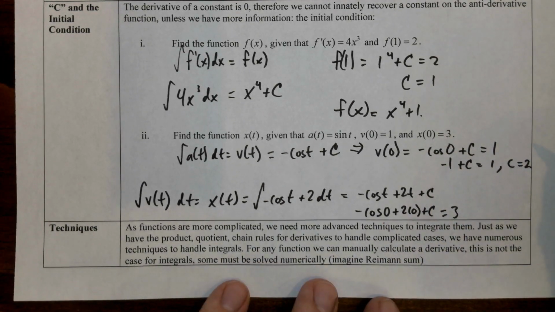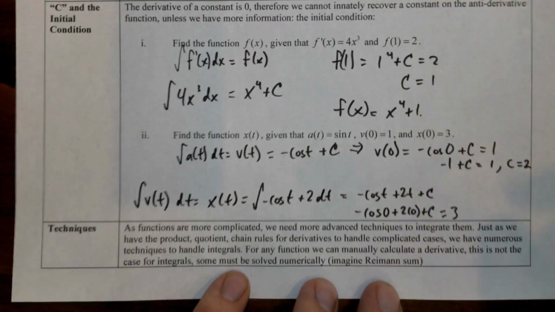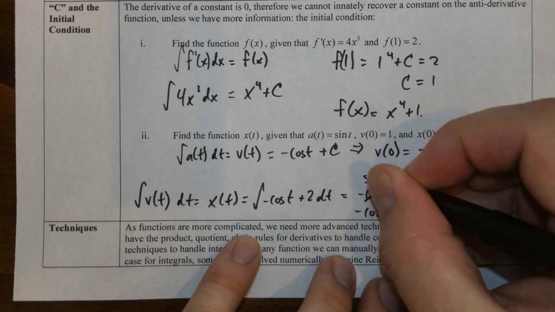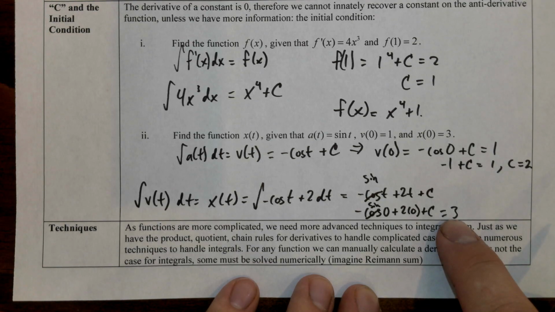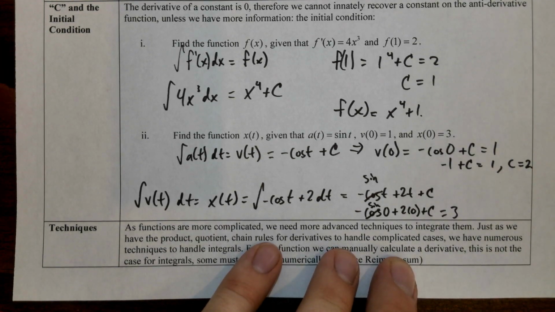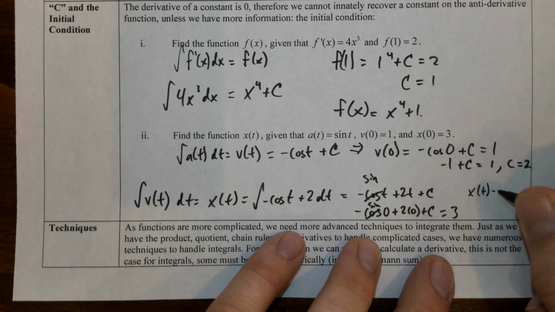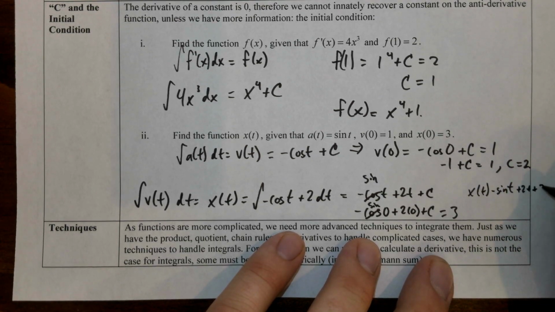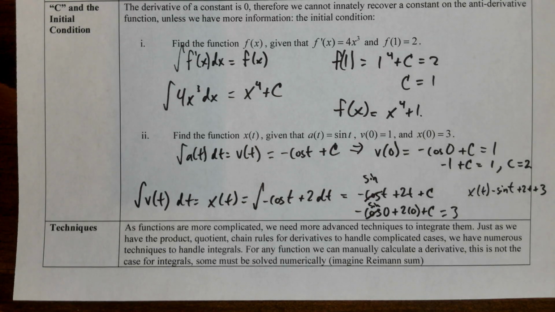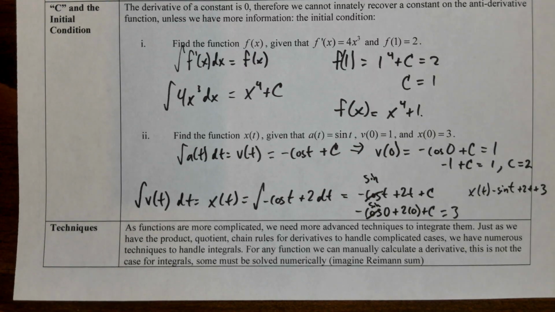It's going to be a negative 1, so my c is... Oops. Oh, that quick? Just like that. So actually, my c ends up being 3. So I get my final position function here: negative sine t plus 2t plus 3. Sorry about space on that one. The box got just a little bit cramped. I believe in you to make it fit a little bit better than I did.